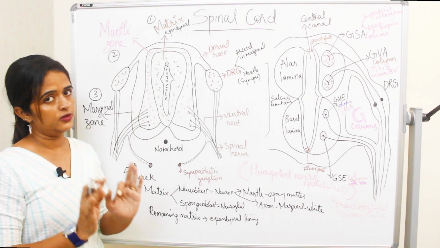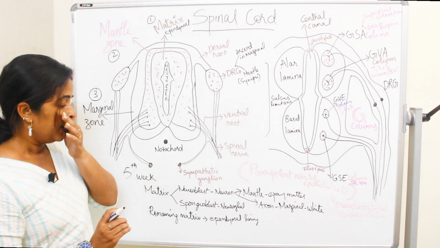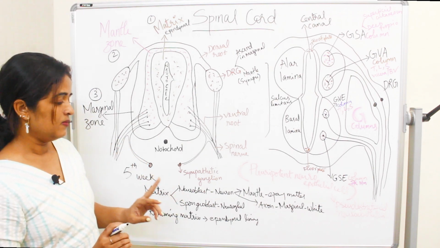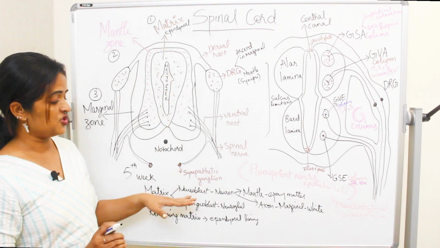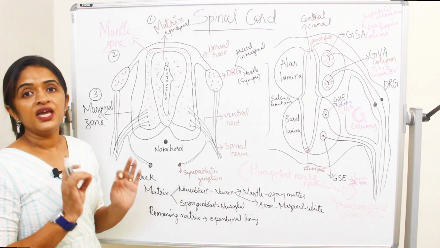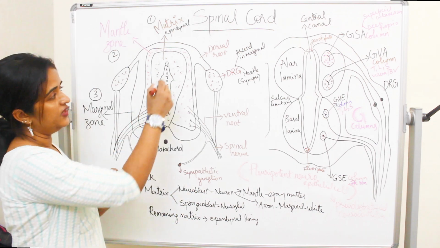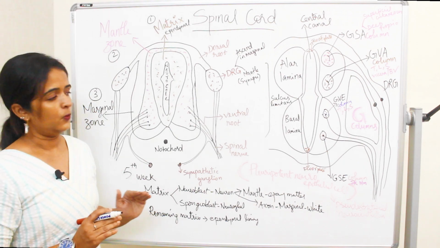So we have three zones for the developing spinal cord. Now one more thing which I would like to mention here is the remaining matrix after the formation of the neuroblast and spongioblast will be forming the ependymal lining of the central canal of spinal cord. That is the fate of the matrix zone.